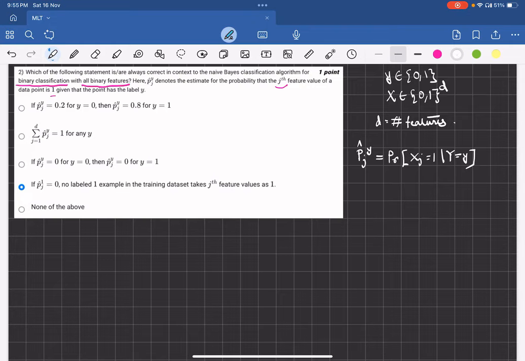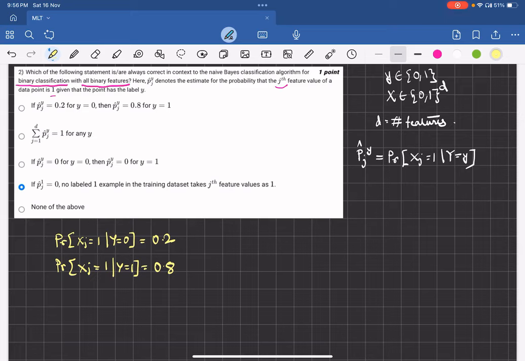So what does the first option say? The first option says that if p_jy is equal to 0.2 for y equal to 0, then it is equal to 0.8 for y equal to 1. Let me write that down. What they are saying is that if the probability that xj is 1 given y is equal to 0 is 0.2, then the probability that xj is equal to 1 given y is equal to 1 is 0.8.